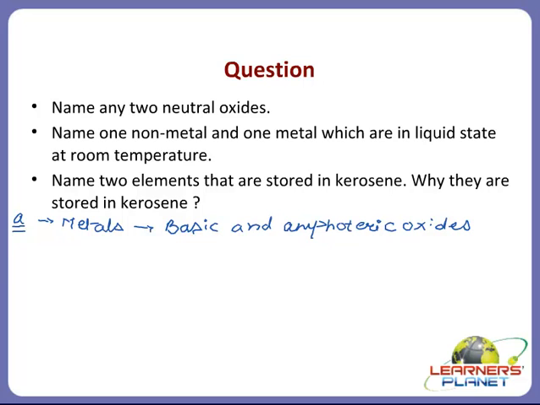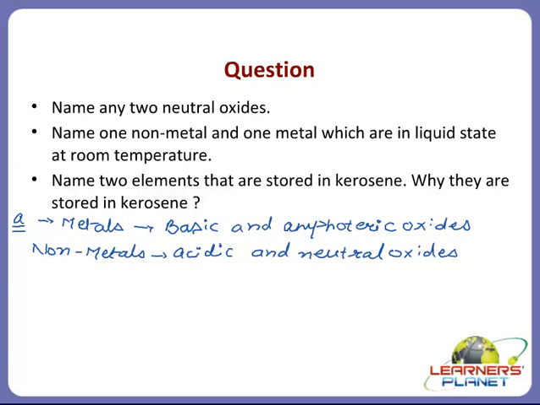And what type of oxides do non-metals form? Non-metals, you must be knowing this. Non-metals form acidic and neutral oxides. So, can you suggest any name of a neutral oxide?